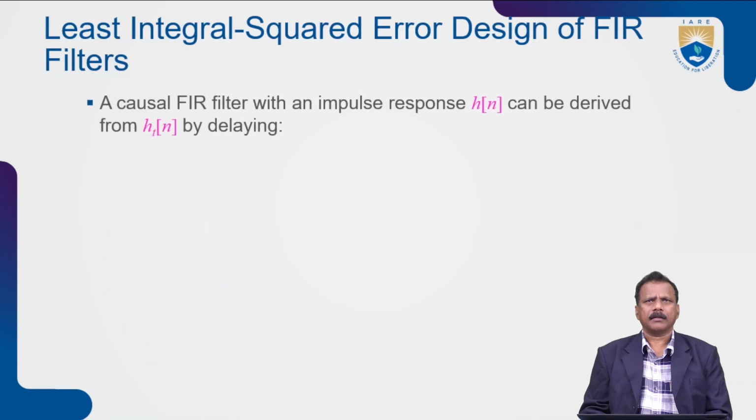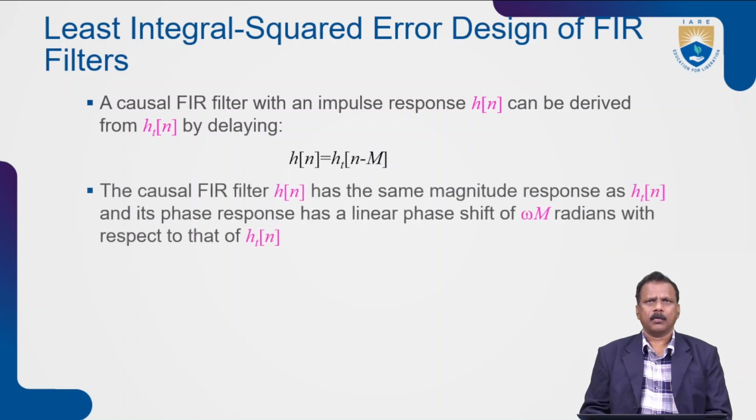Based on this, the causal FIR filter with an impulse response h(n) can be derived from sT(n) by delay, where the delay is given by h(n) equal to sT(n minus M).